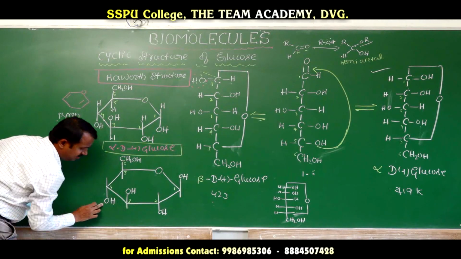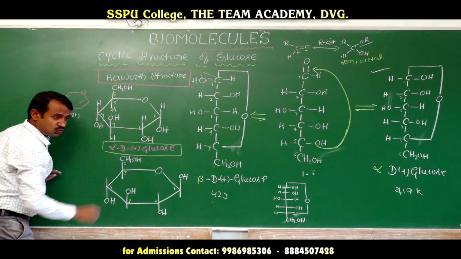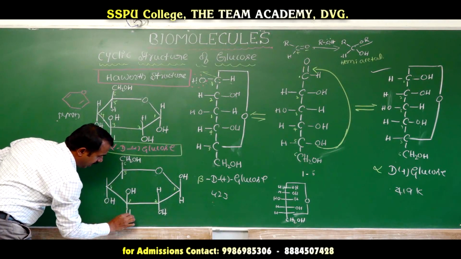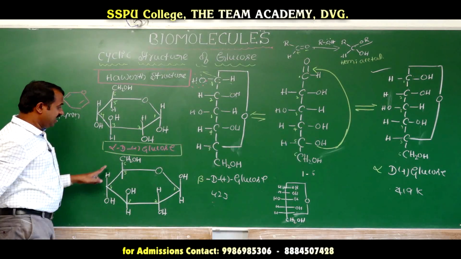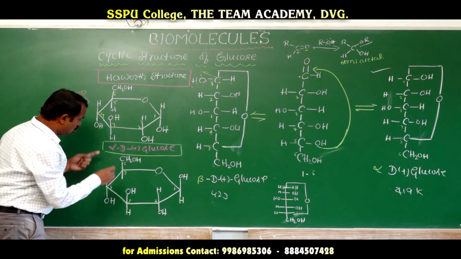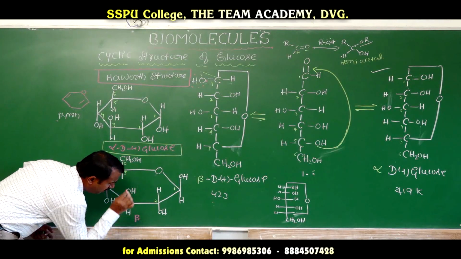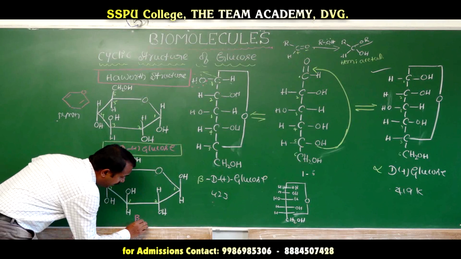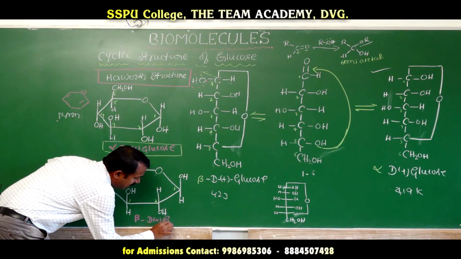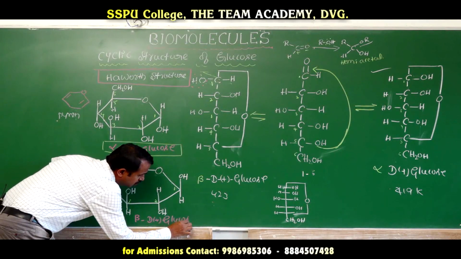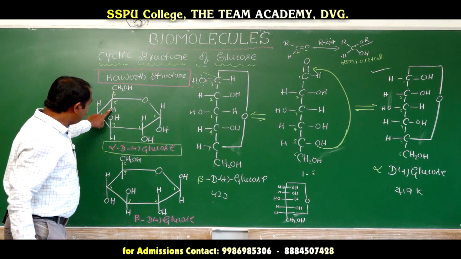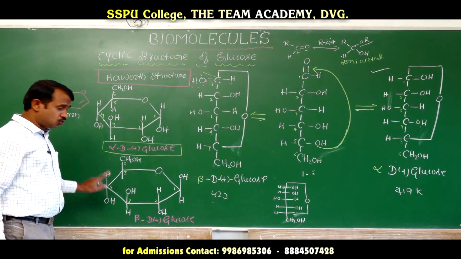Right side means below. This is the CH2OH. Opposite, here is hydrogen. This is also glucose. Which form is this? Beta form, beta D plus glucose. This is the structure of alpha glucose and beta glucose.